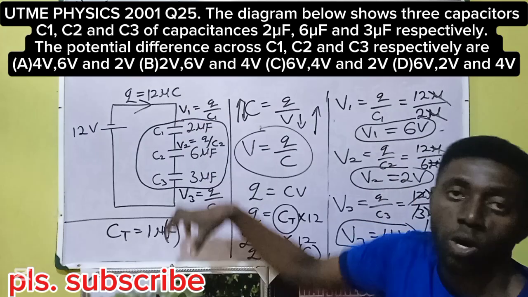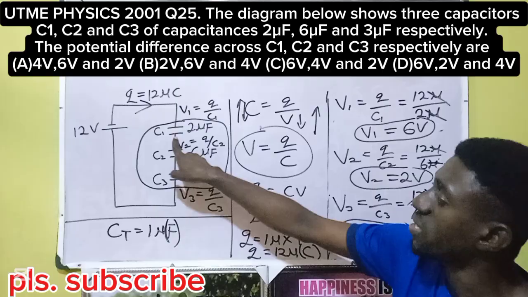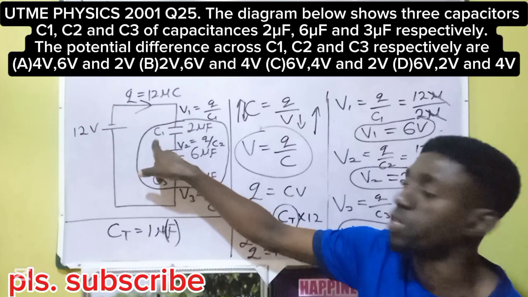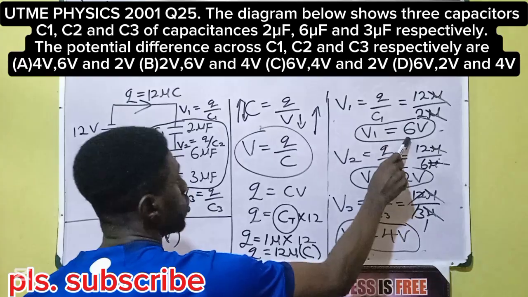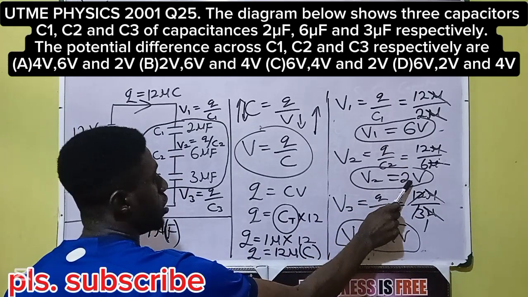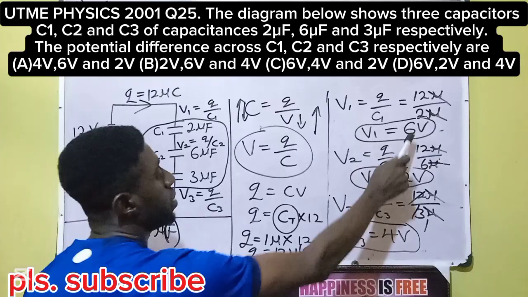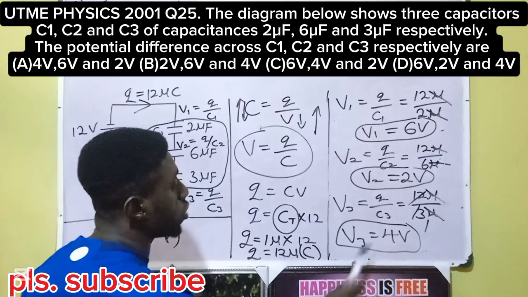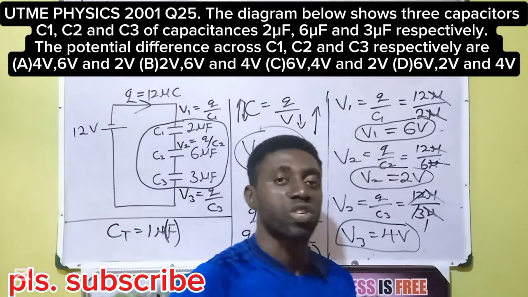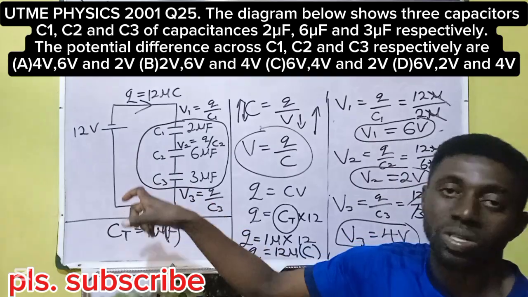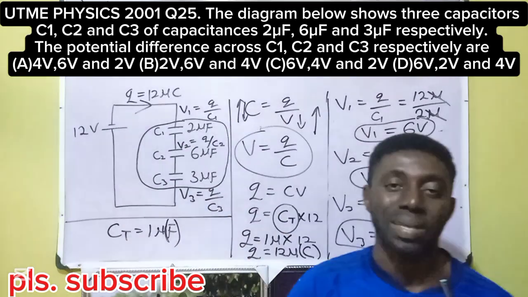So there is voltage drop in series connection. Let's see how much voltage dropped here. In capacitor 1, we have 6 volts. In the second one, we have 2 volts, then 4 volts. Add up, you'll get back your 12. 6 plus 2 is 8. 8 plus 4 is 12 volts. That's what we call voltage drop. It's the 12 volts that was distributed amongst the capacitors.